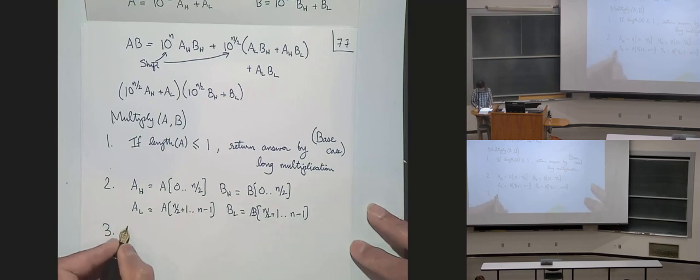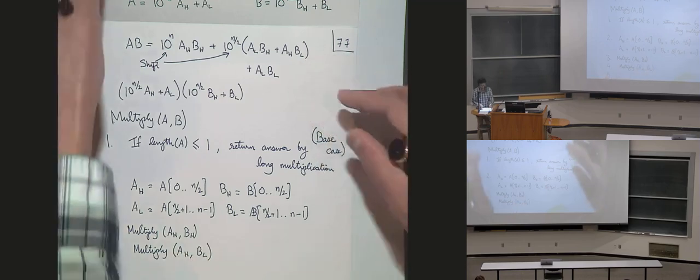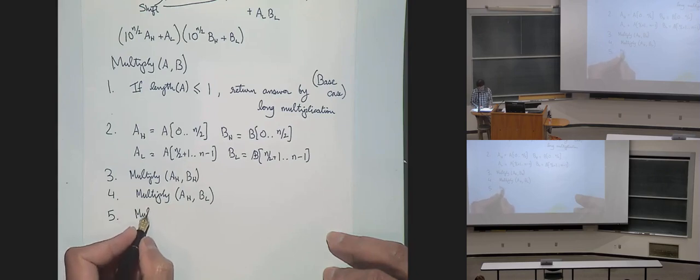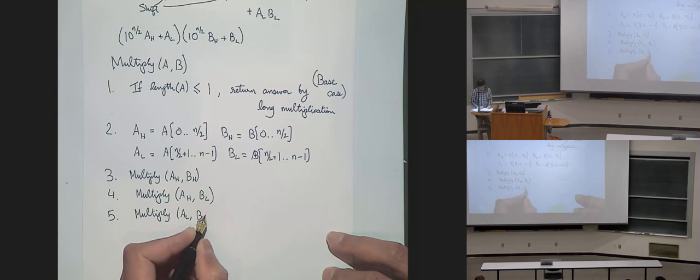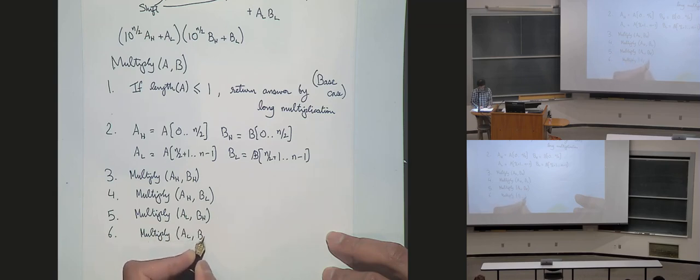Now, just using recursion, I'll multiply AH, BH; multiply AH, BL; multiply AL, BH; multiply AL, BL.